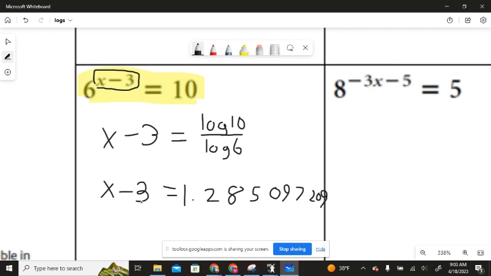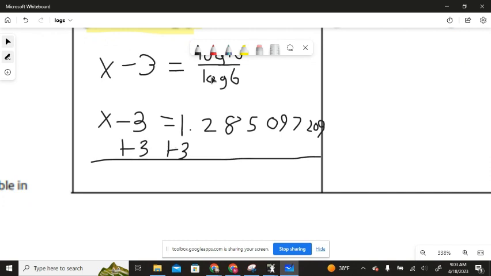I'm writing all of this because I don't want to goof this up just yet. So next step, I got to move the 3 to the other side by adding. And once we add that 3 over, now we can start rounding. So 3 plus 1.285, that gives us a 4.285. I'm going to round this to the hundredths place. So that's going to be rounding the 8 using a 5, which will make this 4.29.